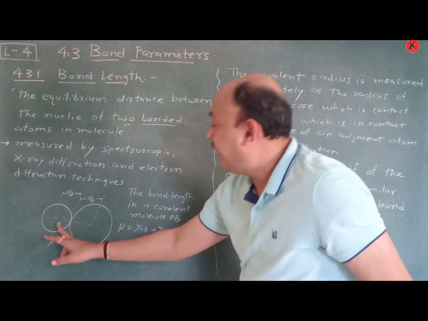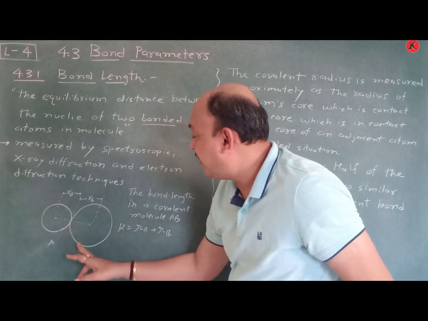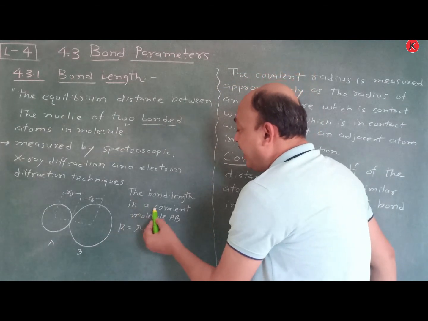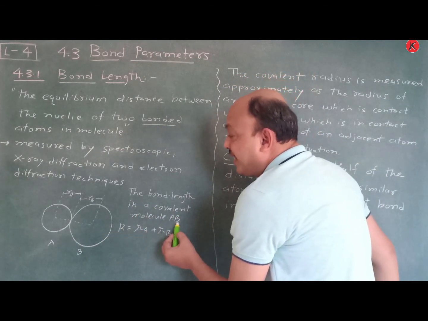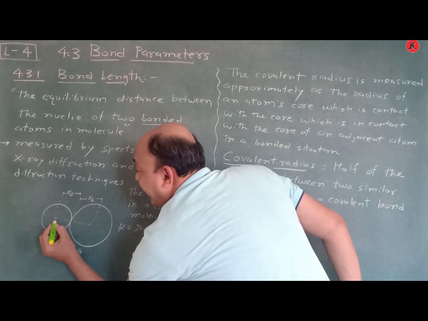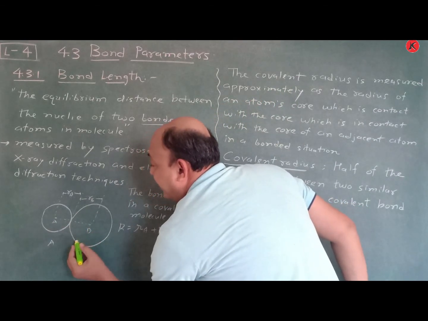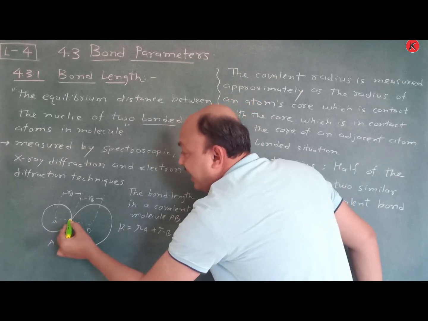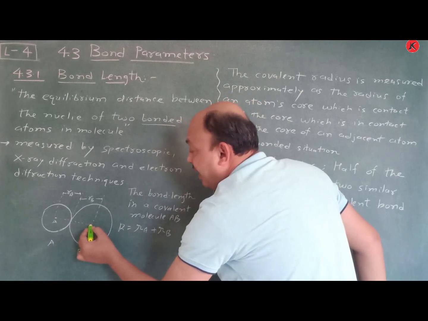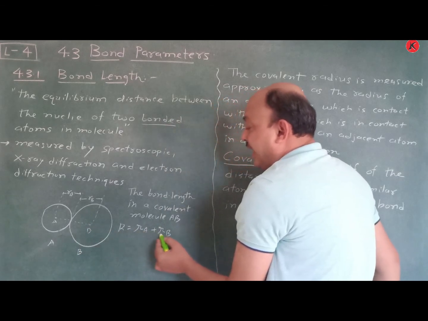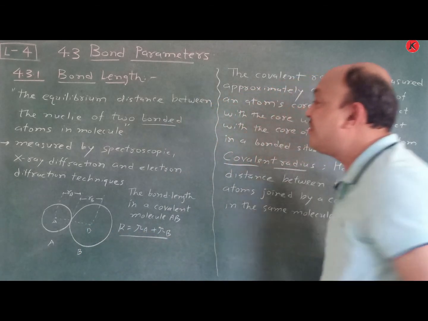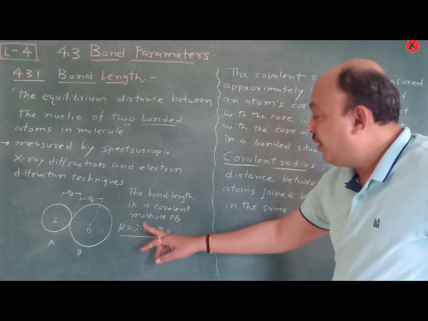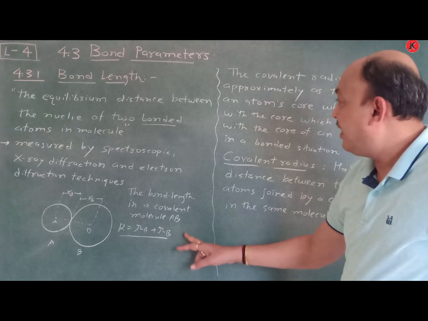That means the A atom has RA distance and the B atom has RB distance, and if we add them, the bond length in a covalent molecule AB is R equal to RA plus RB. Remember, this is considered as the bond length in a covalent molecule AB.